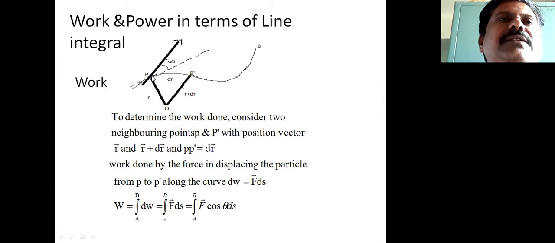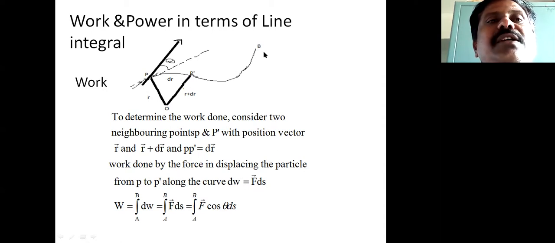So we are finding the amount of work done in moving the object from the point P to P dash, given by dW equals F dot ds. For the work done in shifting the particle from A to B along the entire curve, you have to integrate dW between the limits A to B, so that we get W equals the integral from A to B of dW.